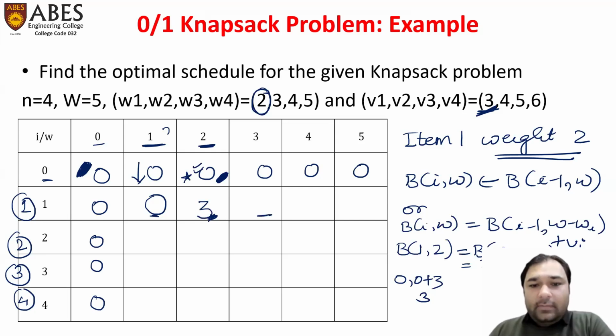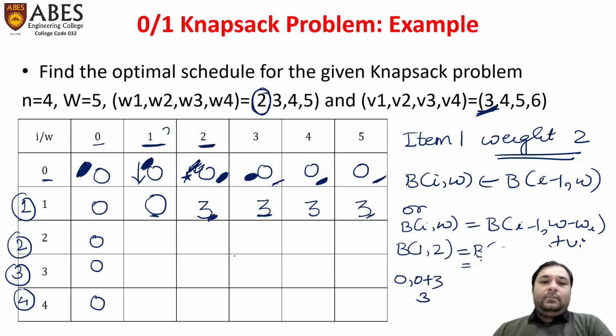Moving ahead, when we come here, we are taking a reference of this, and we move ahead by one pointer here. So 0 plus 3 is 3. If we come here, then it will be 0, and this 0 plus 3 will be giving us 3. If we come here, then it will be 0, and this 0 plus 3 will be giving us 3. Hope this is clear as of now.